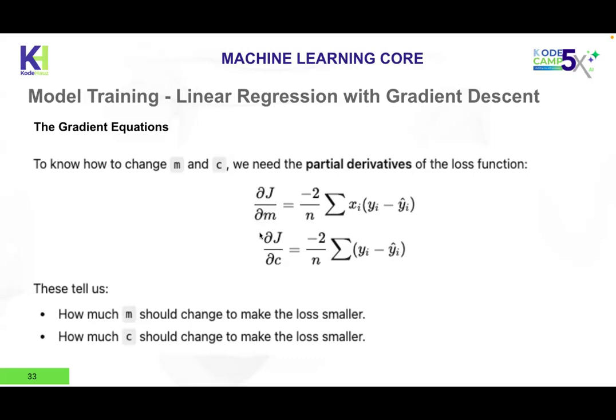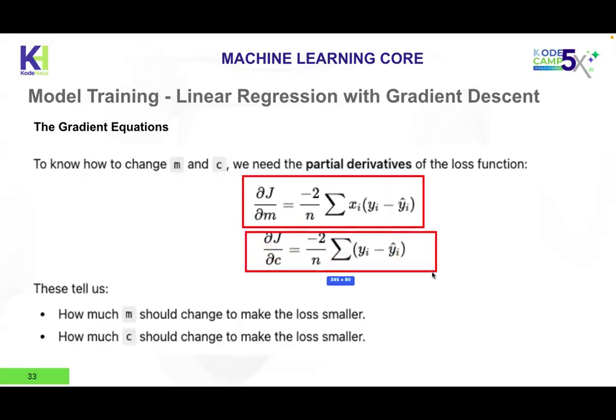Okay. So these are now partial derivatives of the loss function. You will now take these two equations and use them to calculate the gradient. This is basically the gradient, right? So when you hear gradient, this is the gradient of the loss function based on mean square error for m, the first parameter.